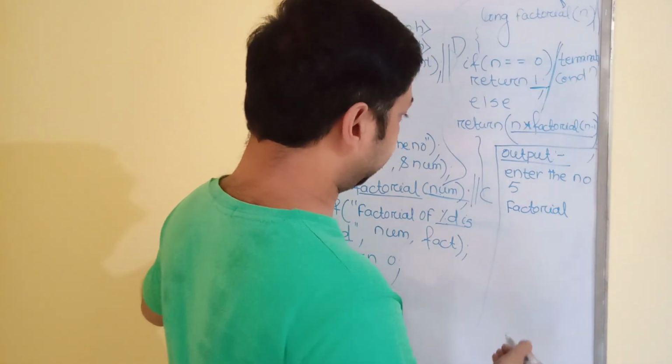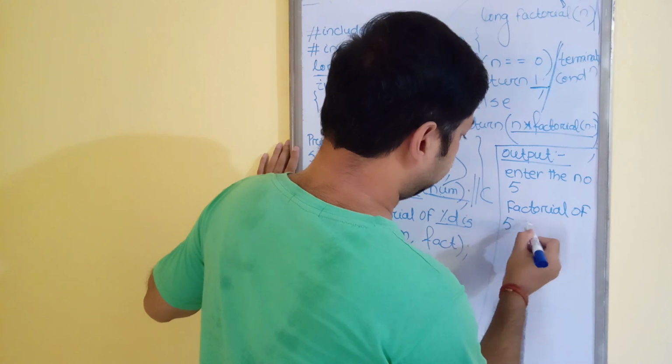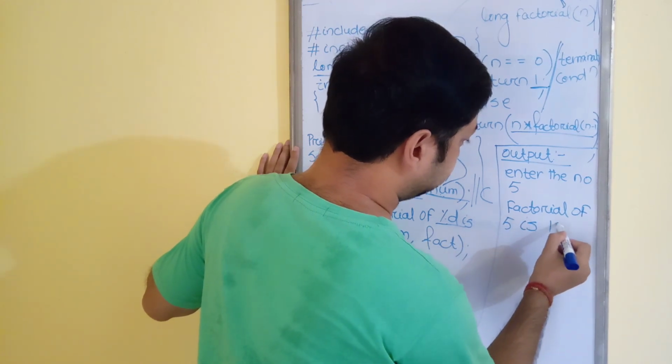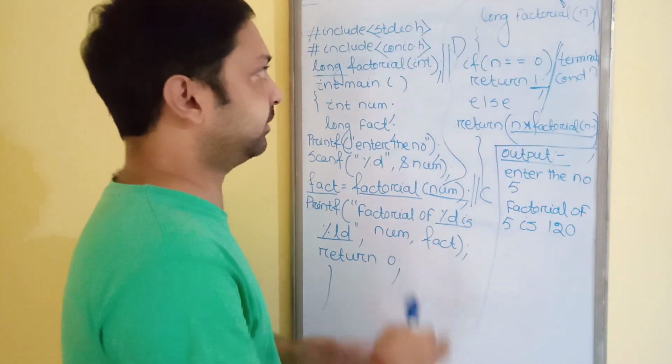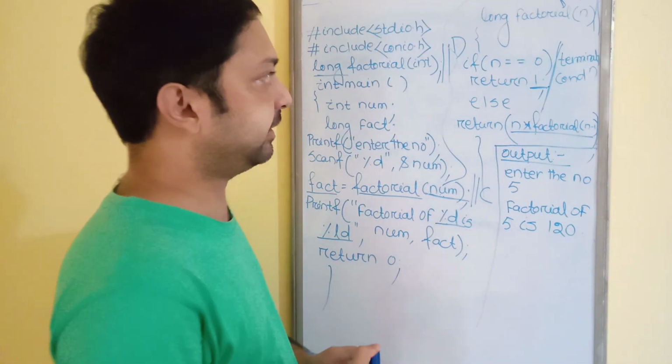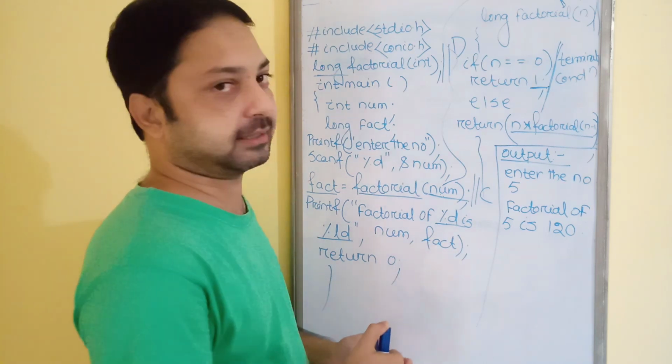If you enter the number 5, it will display factorial of 5 is 120. So this is the simple program, how to write a program to find the factorial of a number using recursion. Thank you.